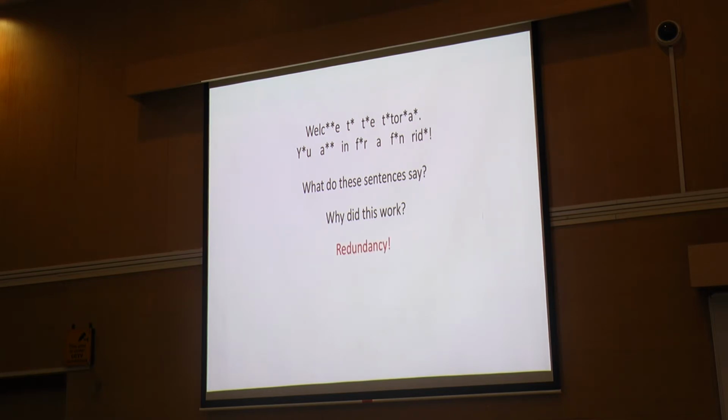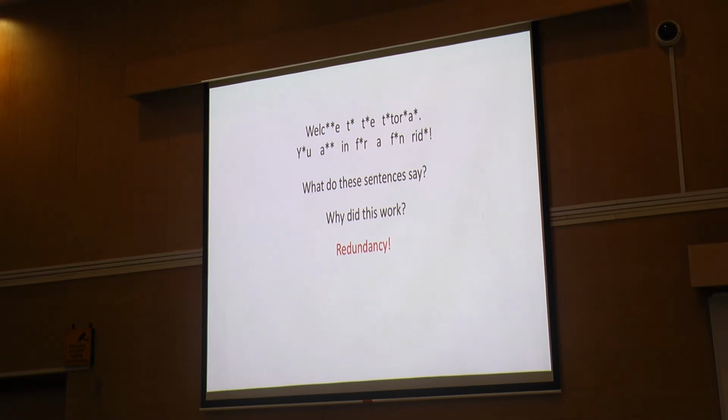This is because of redundancy. The English language has built-in redundancy, and so there is resilience in it, and we can understand and communicate even if something is missing. This is what helps us communicate with people, because we might not hear everything, the accents might be different and so on, but still we can understand.